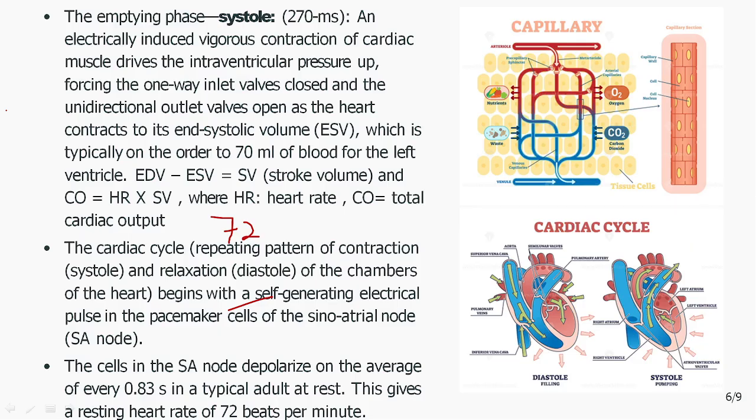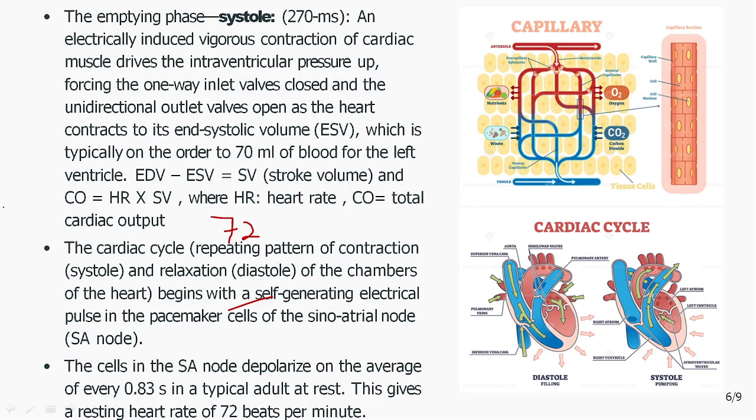The cardiac cycle is a repeating pattern of contraction, systole, and relaxation, diastole, of the chambers of the heart. It begins with a self-generating electrical pulse or trigger from the natural pacemaker, the sinoatrial node.